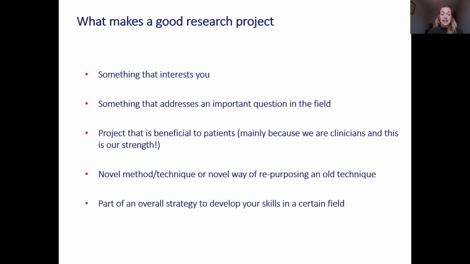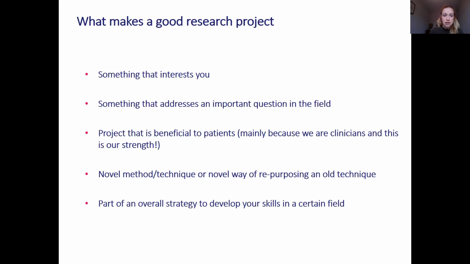And then I would say think about it as an overall strategy to develop your skills in a certain field. If you start chopping and changing between lots of different things, you're not really going to develop yourself in a certain line, whereas you can build on skills as you go through your research and your research projects, and that's actually quite a good way of doing things to become an expert in that area.